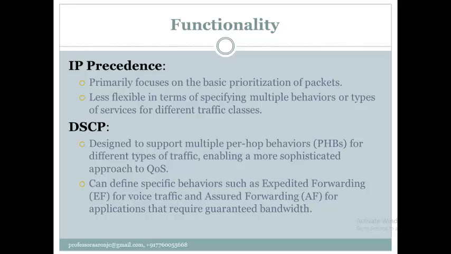The highest weightage given for traffic is EF, expedited forwarding. Compared to EF, AFs are less prioritized. In AF also we have various other classifications like AF11, AF21, AF31, AF41, which we are going to see later in coming slides.